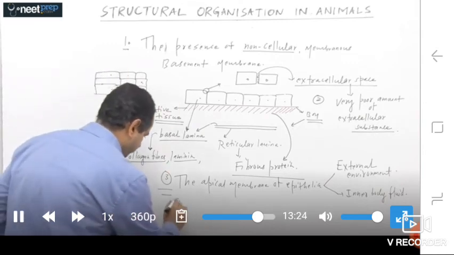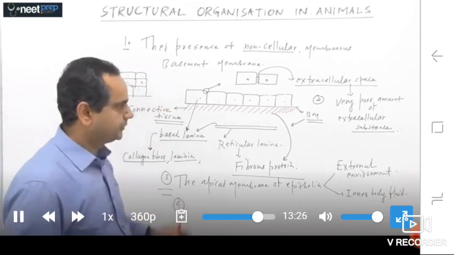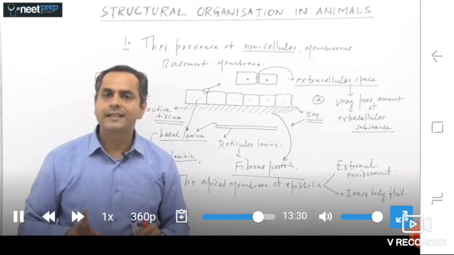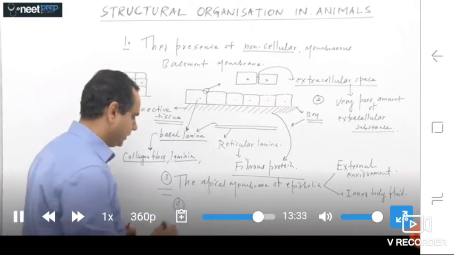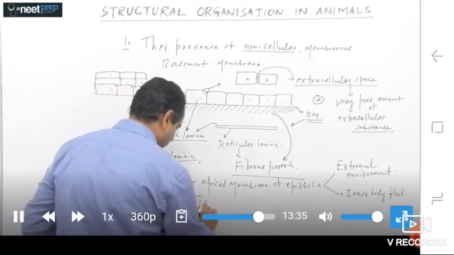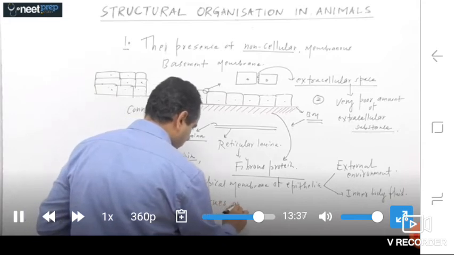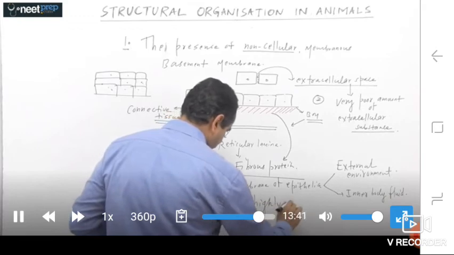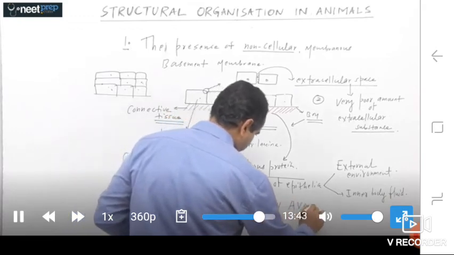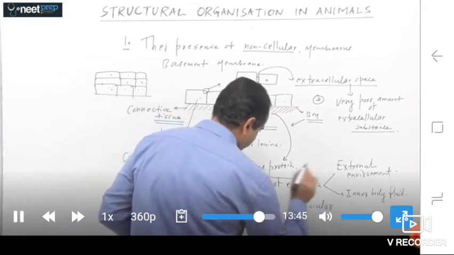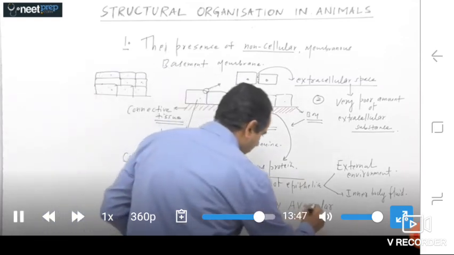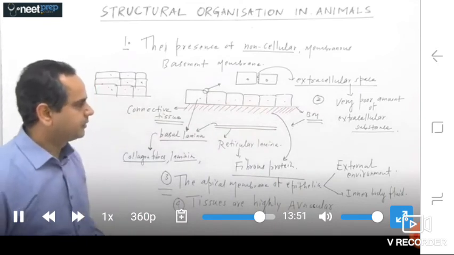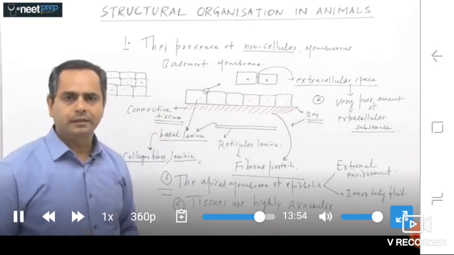The fourth point that is common in both: epithelial tissues are highly avascular. It means they don't have a blood supply.